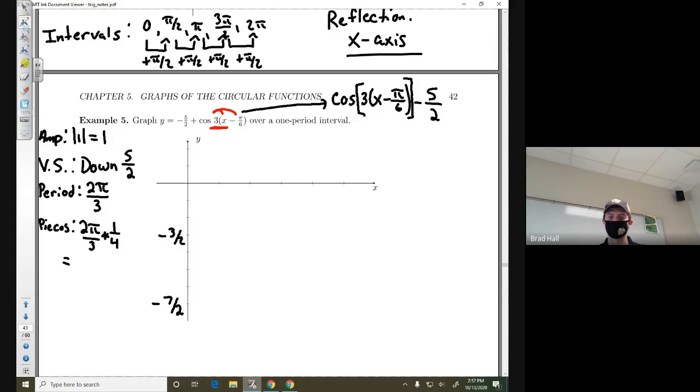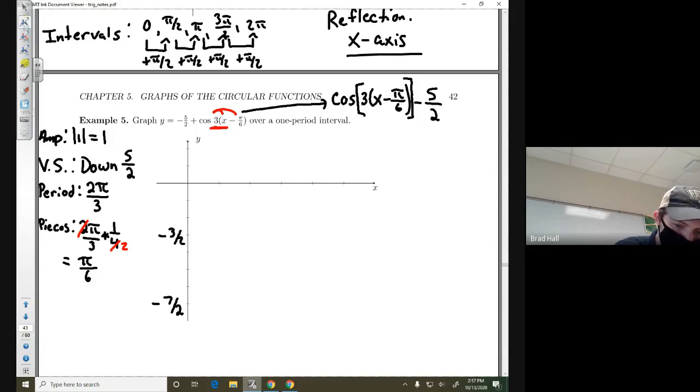Pi/6, yeah, that looks good. So it's just 2/3 times 1/4. 2 in the 4, get a 2 down here, and it's just pi/6. All right, cool. Pi/6. So if anything, we know what the size between each interval will be.